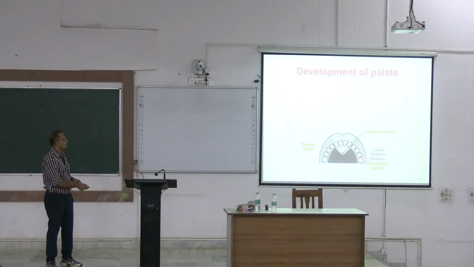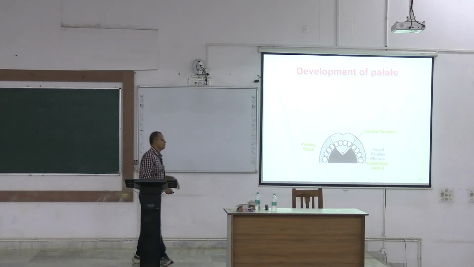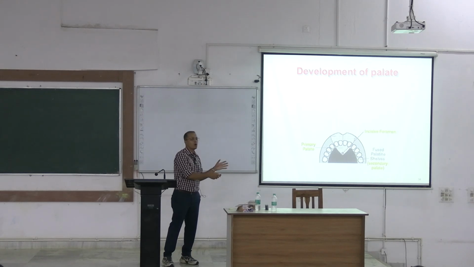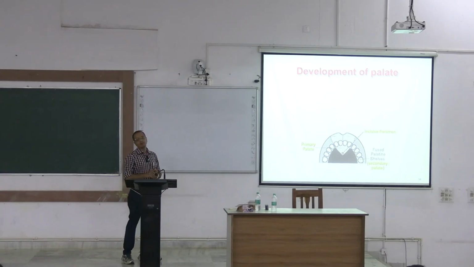We call them palatine shelves. The palatine shelves form the secondary palate. So, you have to know both names of the palate: primary palate and secondary palate, and the secondary palate is coming from two halves, right half and left half. We call them palatine shelves. They are like shelves of a room, they are coming. So, right half and the left half of the palatine shelf.